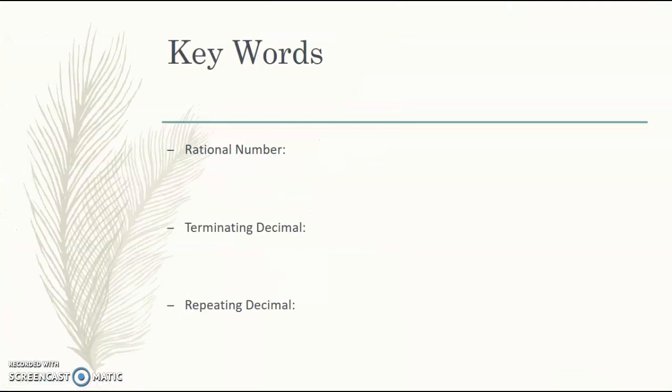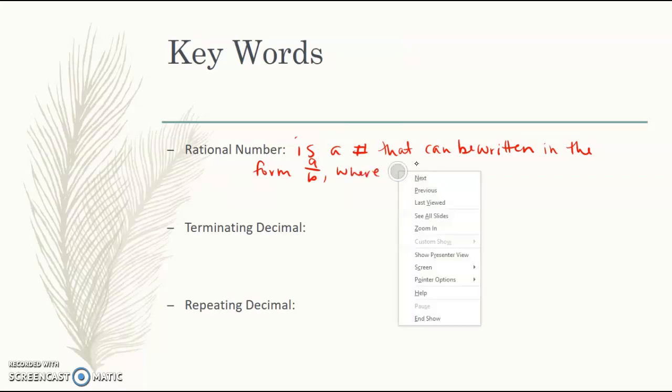So, what is a rational number? Well, a rational number is a number, I'm going to use the hashtag to represent number, that can be written in the form of A over B, where A and B are integers, which we have talked about integers before.